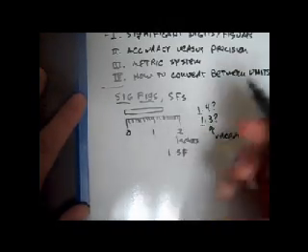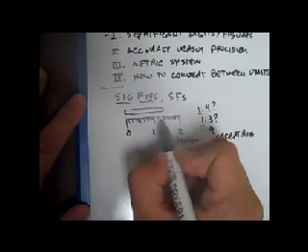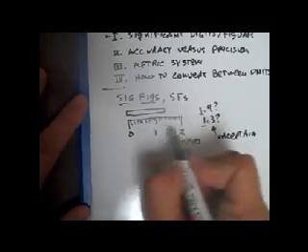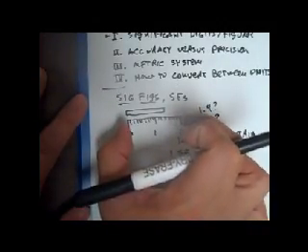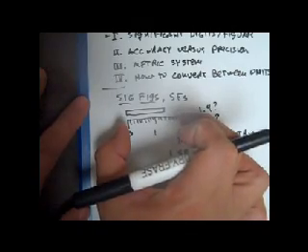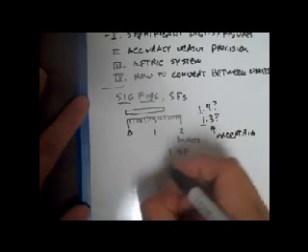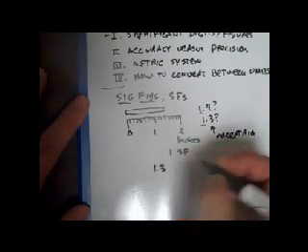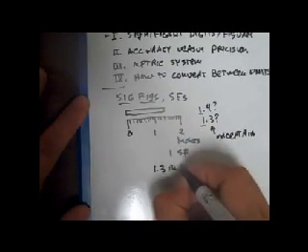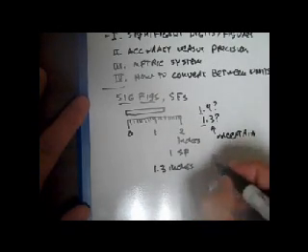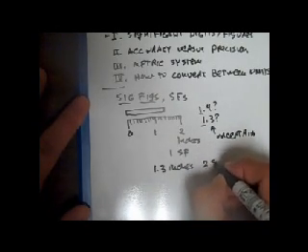I'm kind of making this up. If we use something like this, a better calibrated device, we can more confidently report this as 1.3 inches. And in this case, we have 2 sig figs.